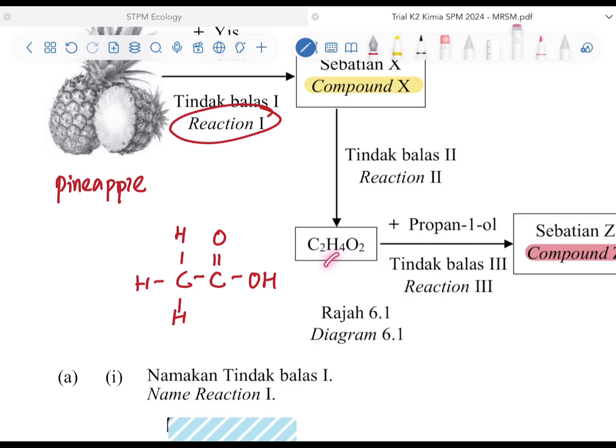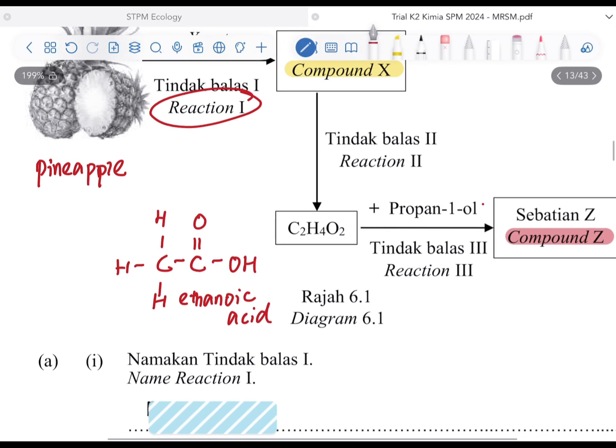And I have 4 hydrogen in the formula. So when we draw it out and count it, 1, 2, 3, and 4. And lastly, 2 oxygen, by drawing like this. So we can know that this is actually ethanoic acid.